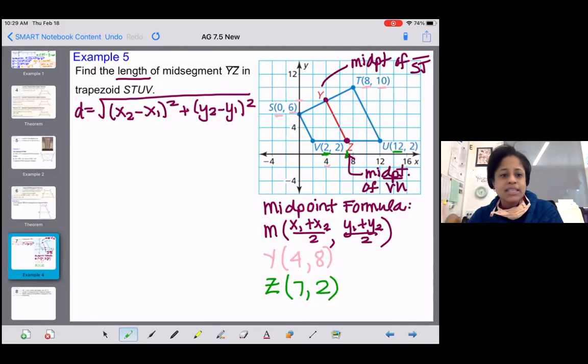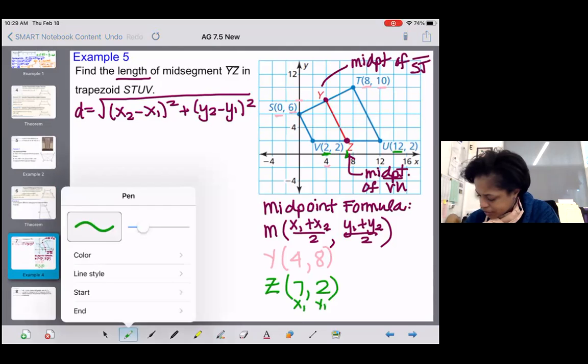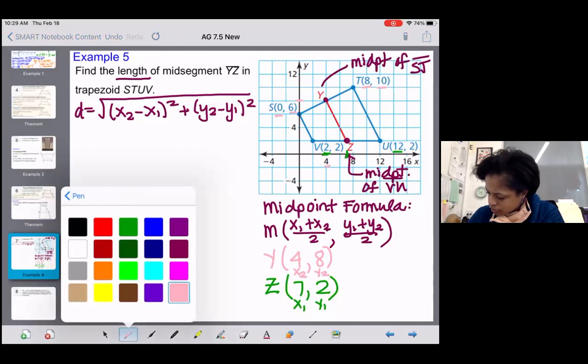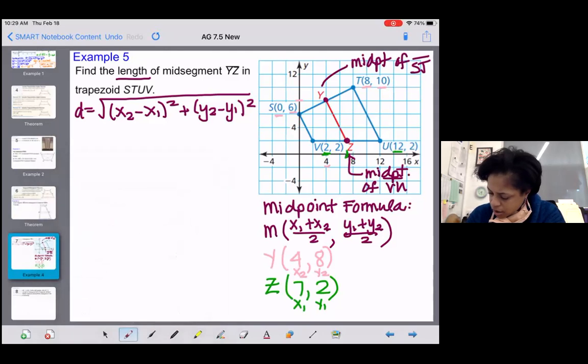So these are the points that I'm going to use in the distance formula. Let's see, my green ones, I'll make those x sub 1, y sub 1, and then the other ones in pink, I'll make those x sub 2, y sub 2. All right, going back to my distance formula. So just plug and chug.